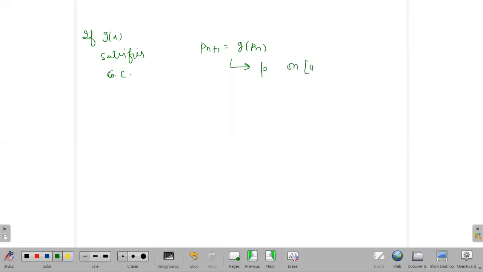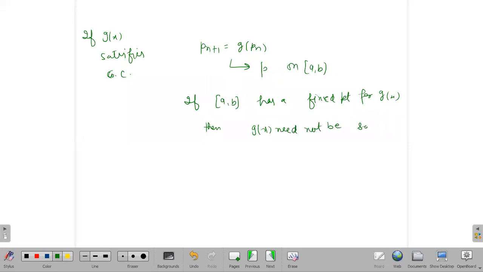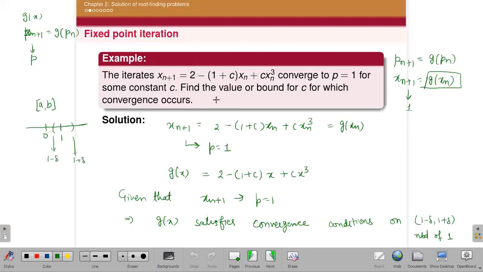On AB interval. So now it is saying if AB has a fixed point for G, then G of x need not satisfy the three conditions, the convergence condition. Now it has a fixed point, but it is not saying it does not have a fixed point.